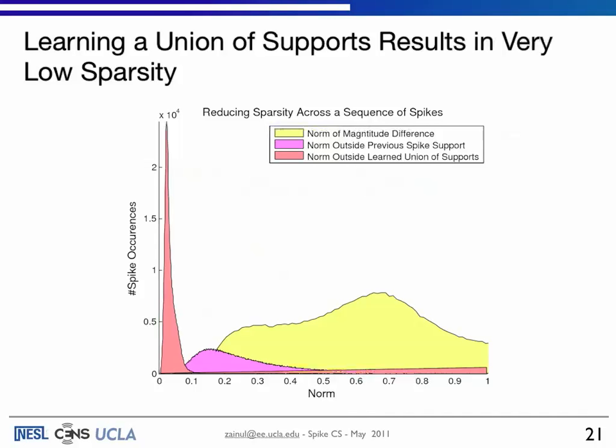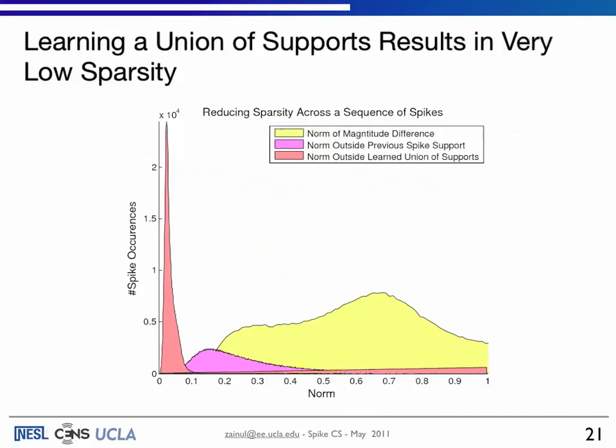So we said, okay, let's try to learn the support over time by increasing the rate at first and then reducing the rate as we have more learning. What we found was that if we did that and just added the support that we learned over time to the set, we had a really sharp spike at a very low error norm, about 3% or 4% difference in similarity.